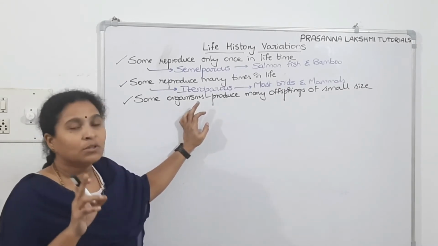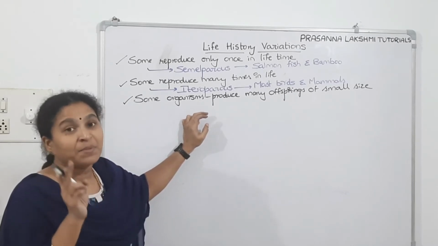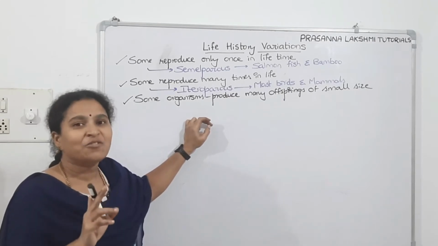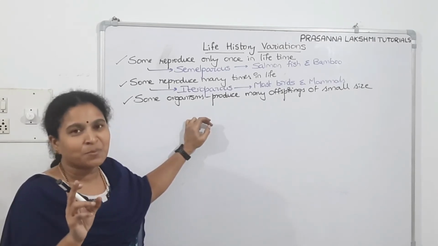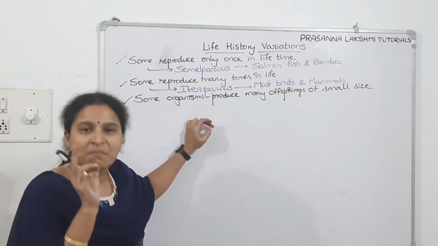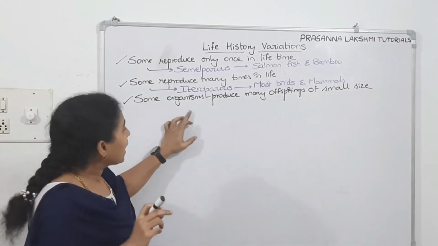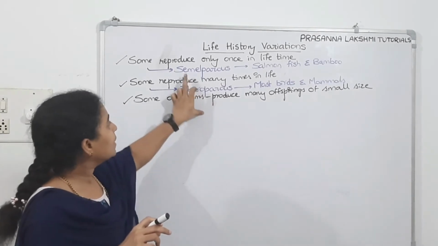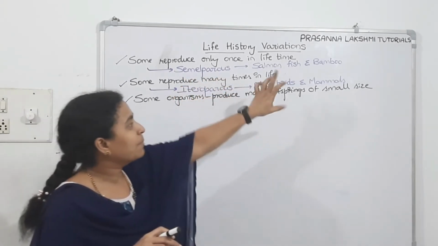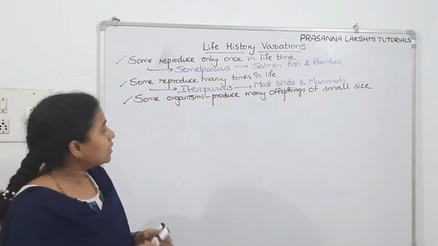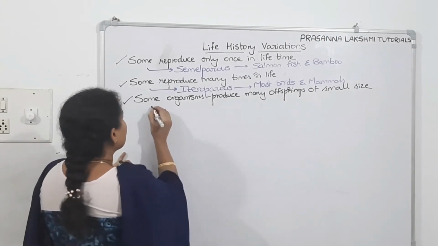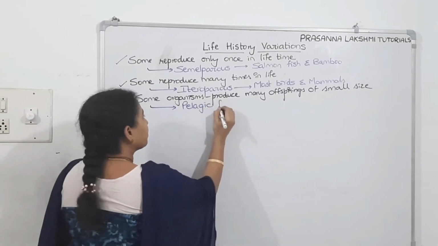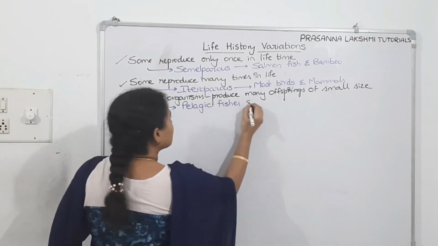Since they reproduce only once in a lifetime, they will try to produce as many individuals as possible. If they have to produce as many individuals as possible, size cannot be big, so size will be small. So this is linked to semiparous organisms. Examples are pelagic fish and oysters.